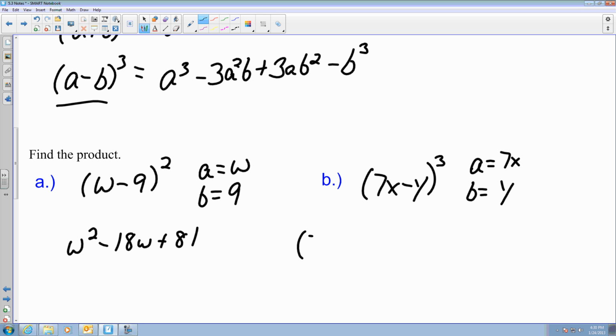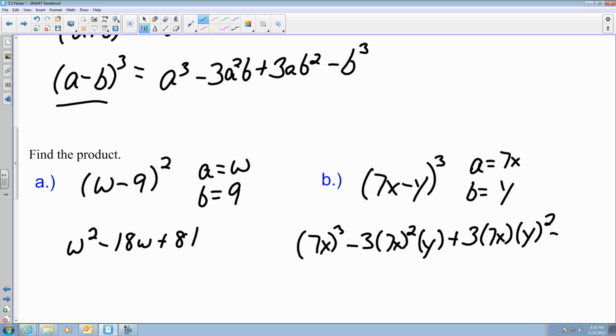So I have 7x cubed minus 3 times 7x squared times y plus 3 times 7x times y squared minus y cubed.